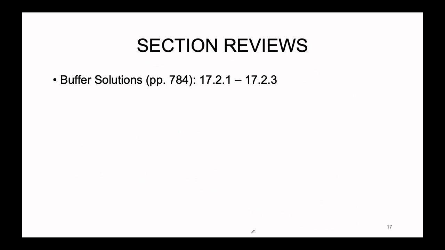So believe it or not, in the textbook, despite everything that we have talked about, we only have 1 section review set of problems, and all of these 3 problems correspond to buffered solutions. So the buffered solution type of problem is a combination of a neutralization reaction problem with either a weak acid, weak base system or a common ion weak acid conjugate base system. So be watching out for all of those pieces.